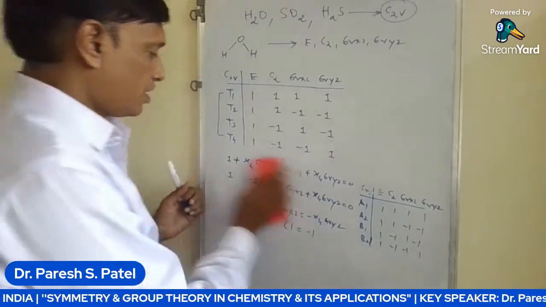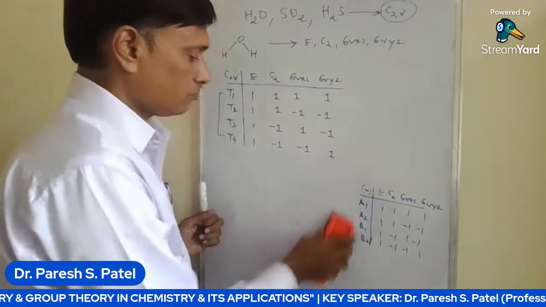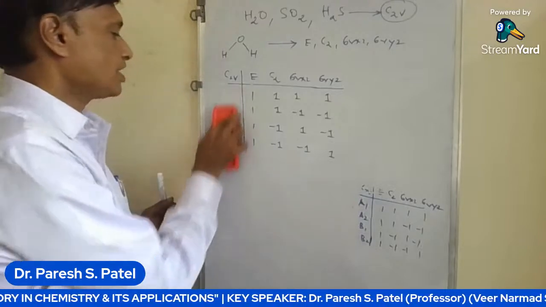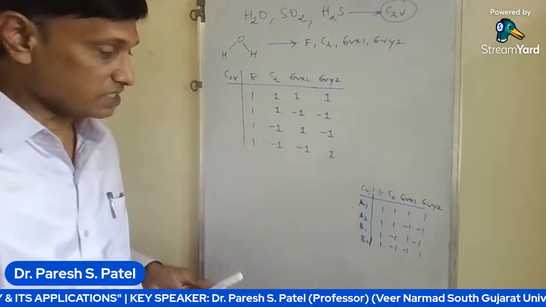Okay. Now, the Mulliken symbol. How to derive the Mulliken symbol?